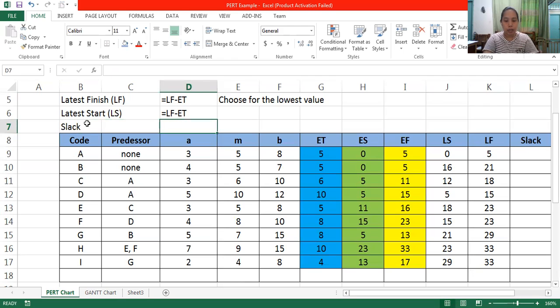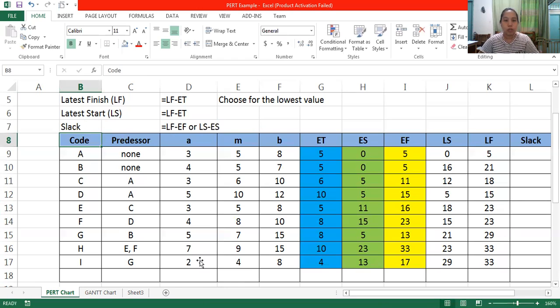Slack is LF minus EF, or you could also use LS minus ES.